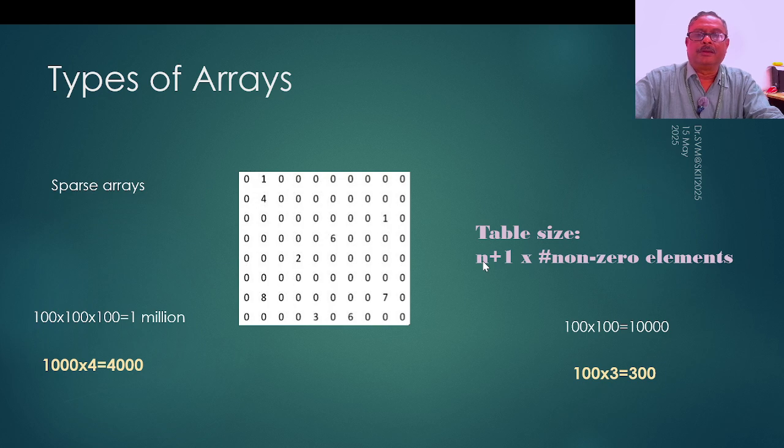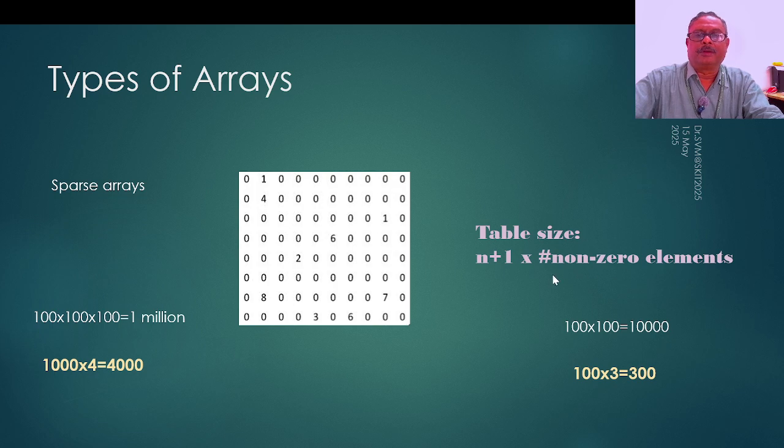So n columns for n dimension indices and one column for the value. These are the number of columns we have, and the number of non-zero elements will be the number of rows. So in all, n plus 1 times the number of non-zero elements will be the table size required.